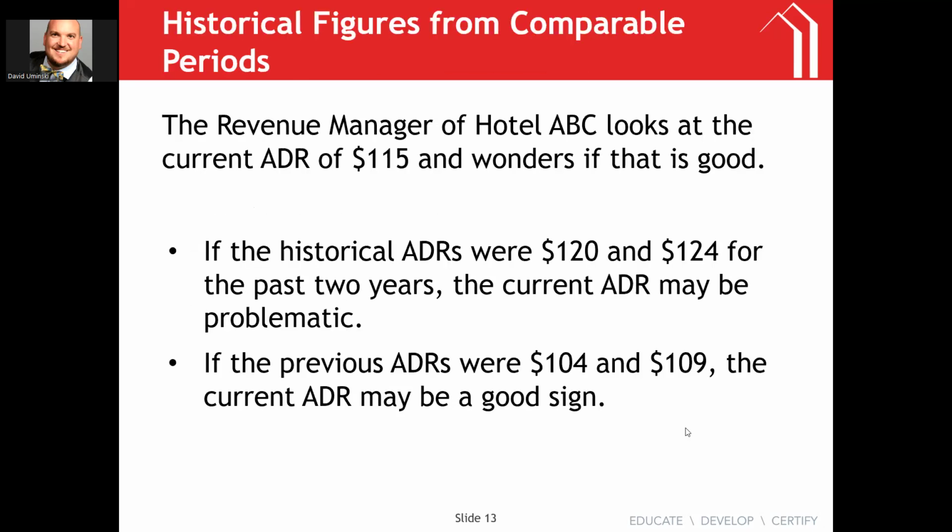Okay. So historical figures. We want to look at things from the past. If we look at this ADR of $115, I wonder if it's good. I don't know if it's good or not.